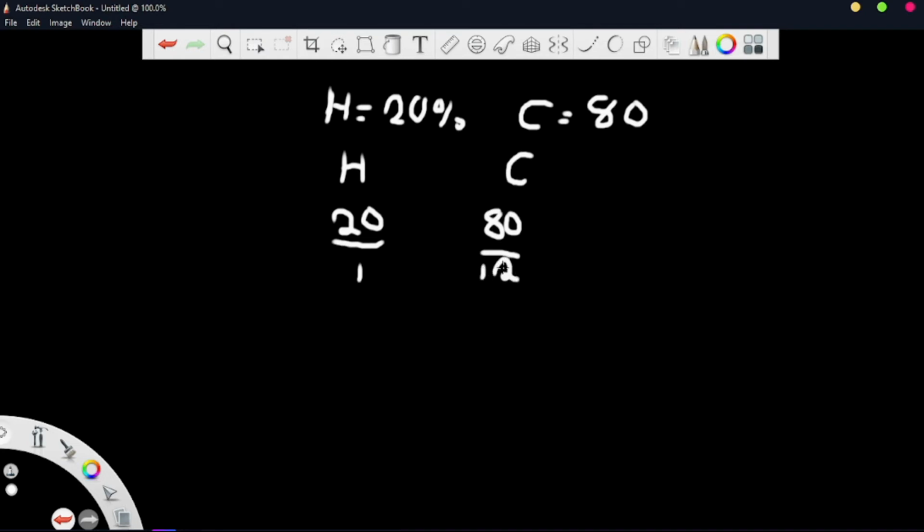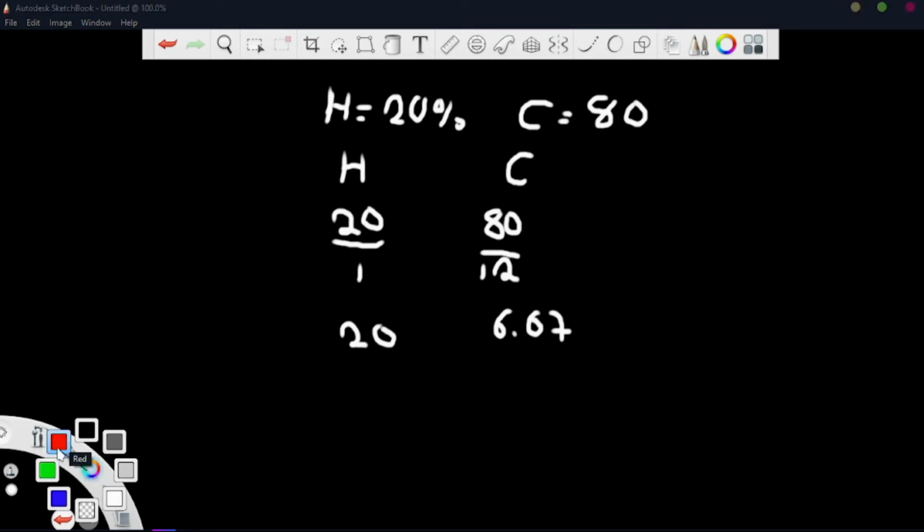When we divide, here we have 20, and when we divide 80 by 12, we get 6.67. Now we divide by the smallest. Which one is the smallest?